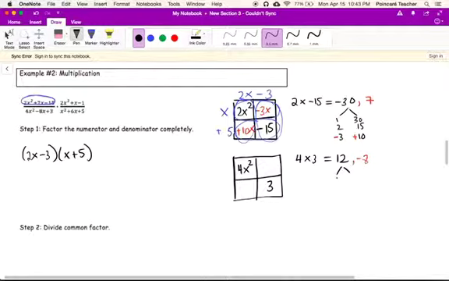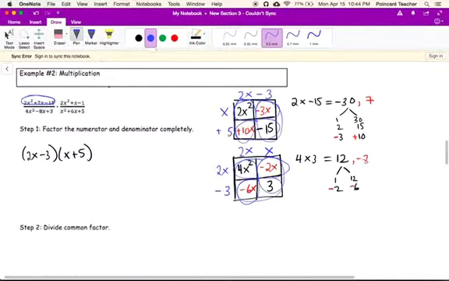1 and 12. Oh, 2 and 6, those are the ones. They have to be both negative. I want them to add to give me negative 8. So I have negative 2x and negative 6x. And then common factor. The common factor here is 2x. Common factor here is just x. Common factor here is 2x, and then here is going to be negative 3.